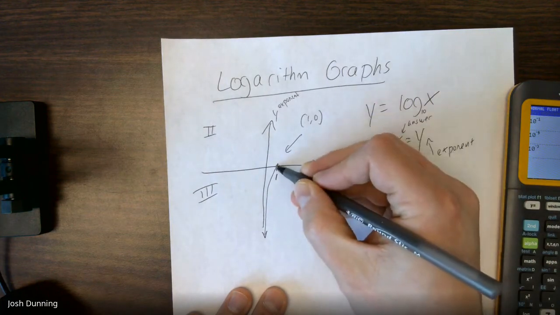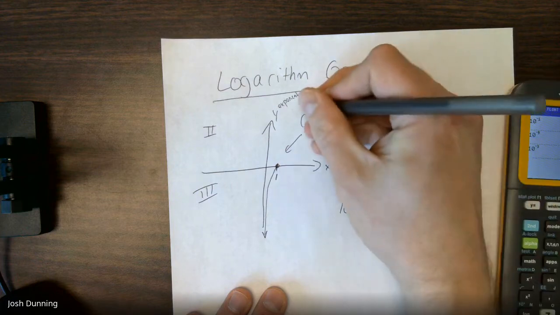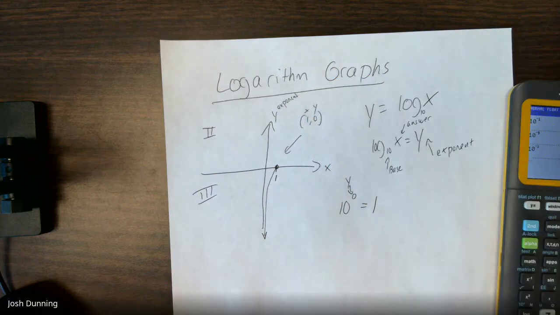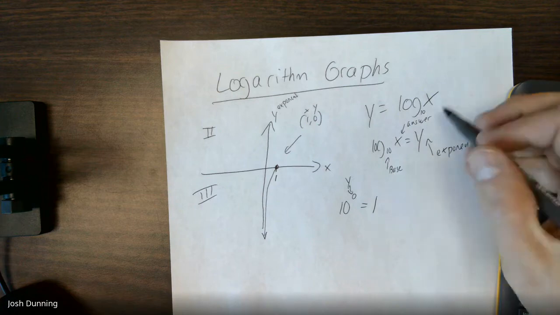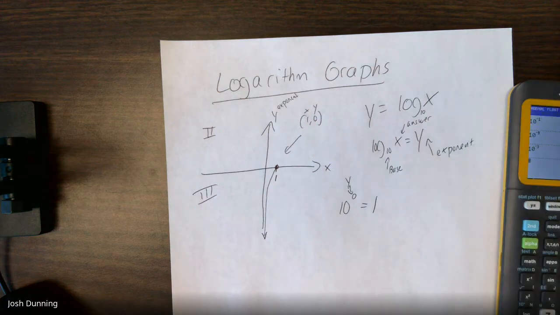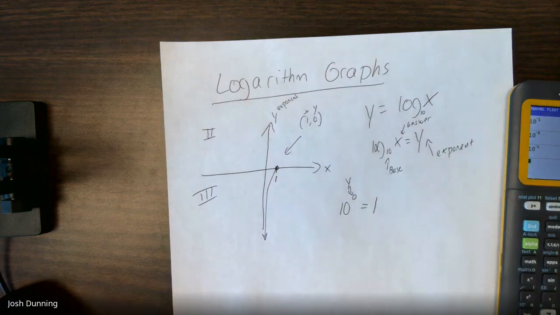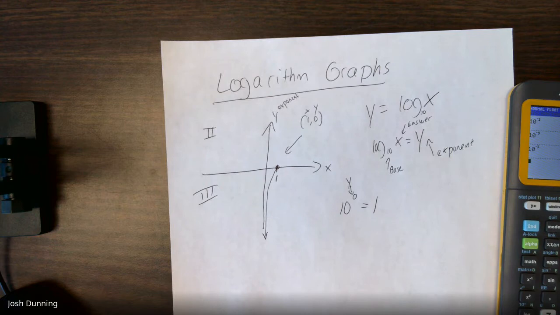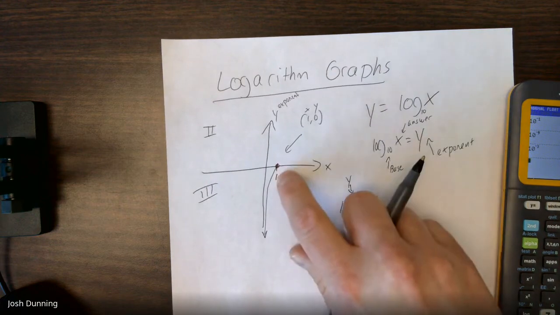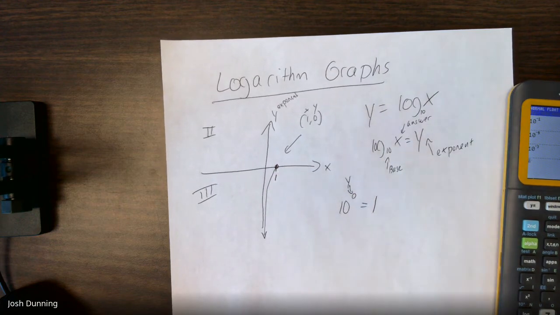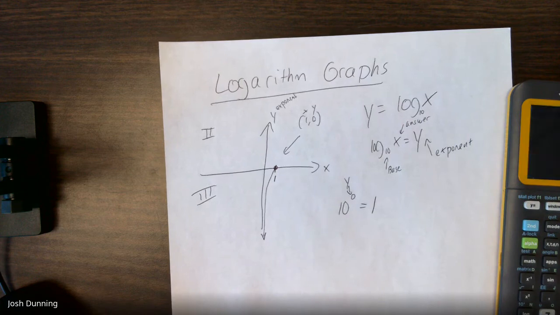So at 0 high, you hit 1. So your x-intercept is at 1 for these graphs, no matter what the base is. Say this was log base 5. 5 to the 0, still 1. Say it was log base a trillion, still hit right there. Trillion to the 0 power, still is 1.